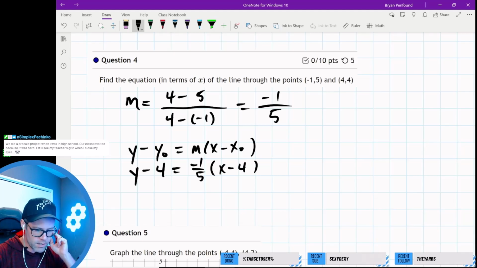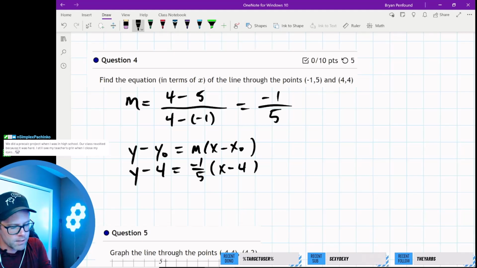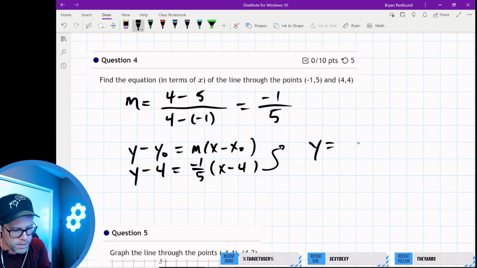But if you did want to simplify, we could try to get it into mx plus b form. So we could do y is equal to negative x over 5. Well, let's keep it as -1/5 x. I like that. That looks nice. And then we need plus 4/5, and then plus 4.